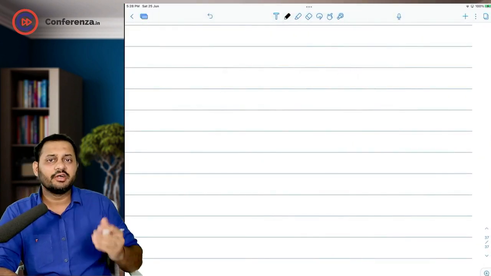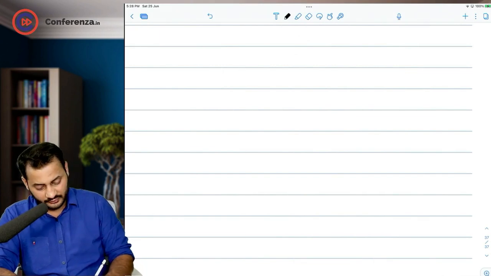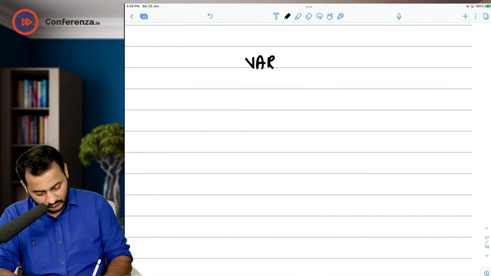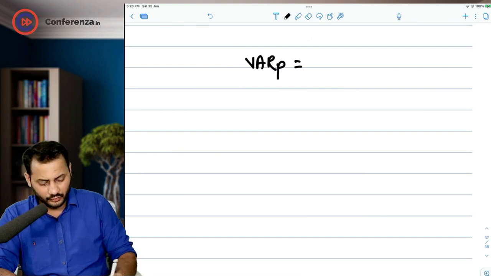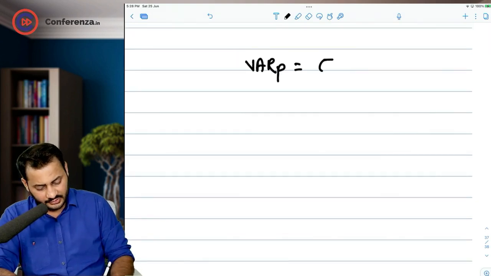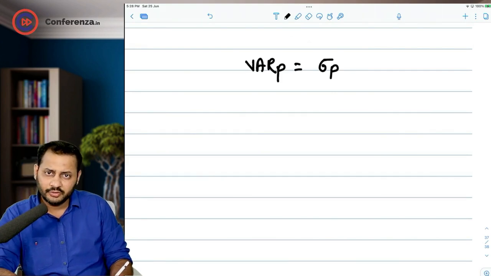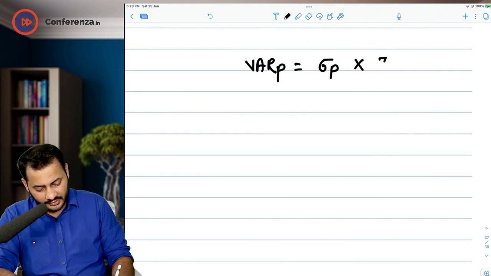There are two different ways of calculating the portfolio VAR. The first way: the VAR of the portfolio is equal to, the simplest way, the standard deviation of the portfolio multiplied by the Z-score. The Z-score in our case is 1.65.